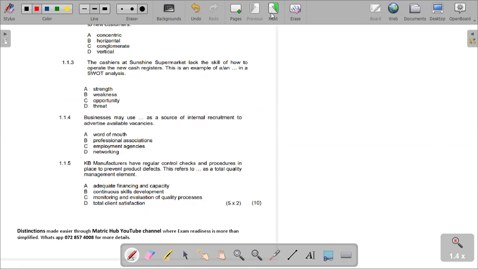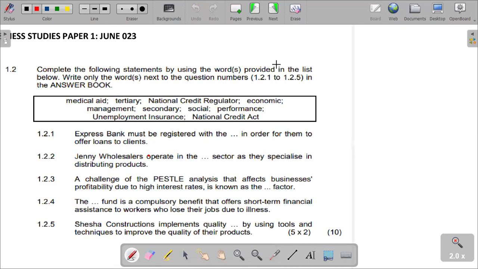Our next question is saying, complete the following statements by using the words provided in the list below. Write only the words next to the question numbers. In this regard, please take note that you just need to write the words next to the question number.